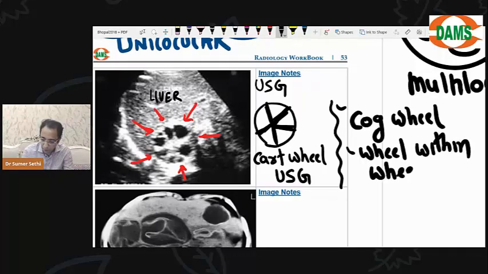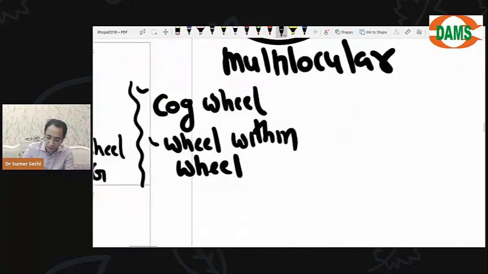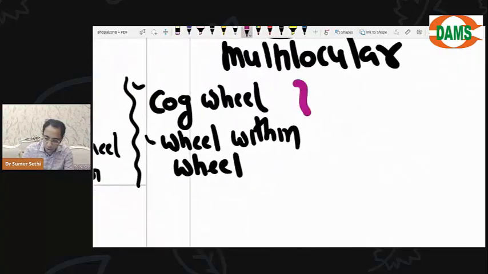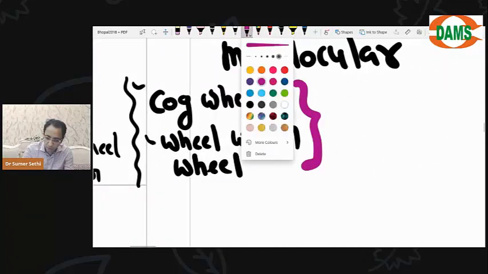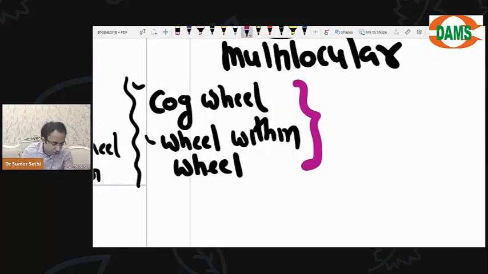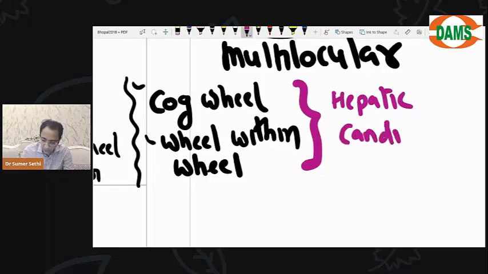Can you name a condition which they might have talked about in your surgery class or parasitology or fungal or any micro class? Cogwheel appearance is seen actually in hepatic candidiasis. Everybody remembers?